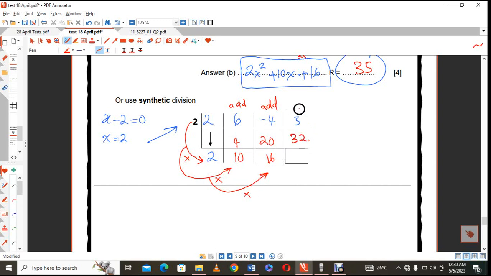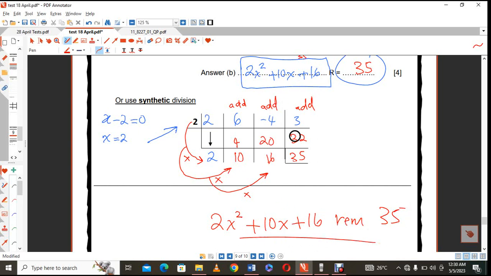That is 32, and then we add again, we get 35. So it was a cubic function, so it's 2x squared because it was cubic before. So 2x squared plus 10x plus 16 with the remainder of 35. All right, so basically you are getting to the same solution as before.